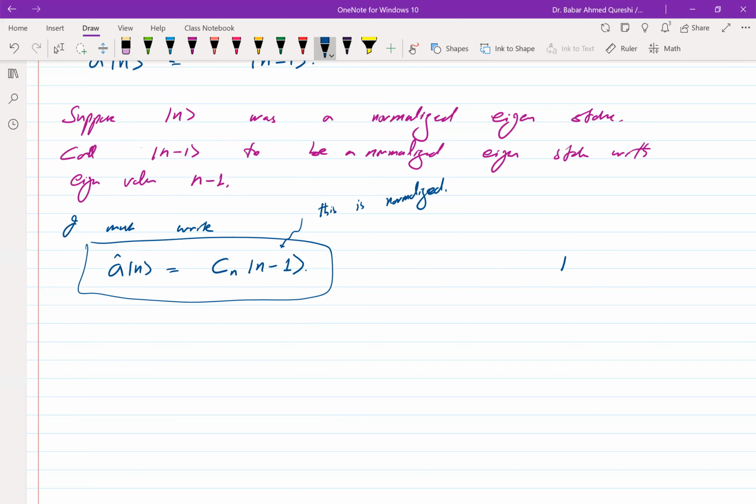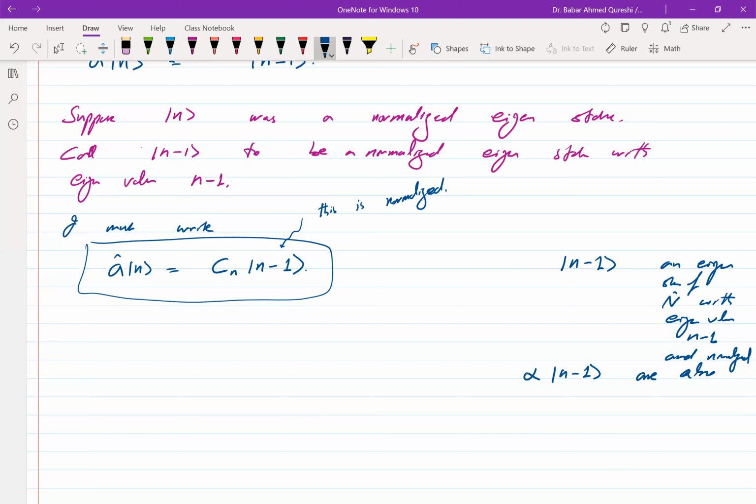So if I call this state an eigenstate of the number operator with eigenvalue n minus 1 and normalized, then all these states are also eigenstates with eigenvalue n minus 1, but they're not normalized.